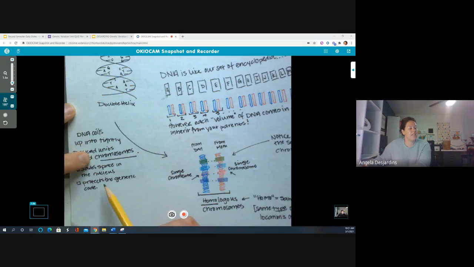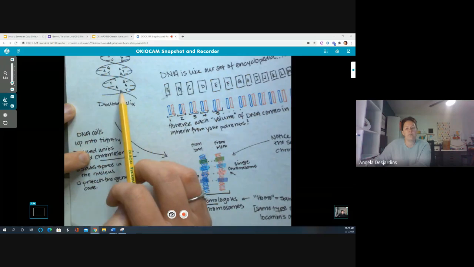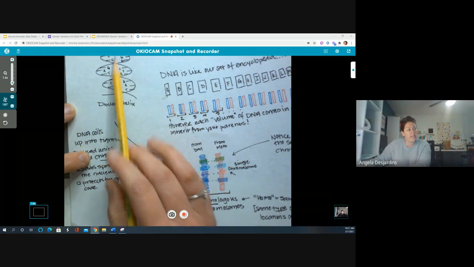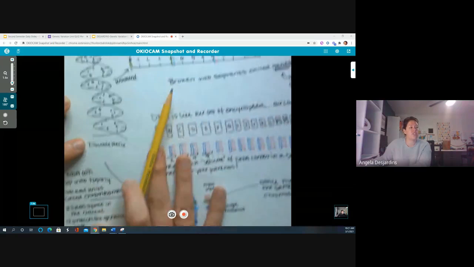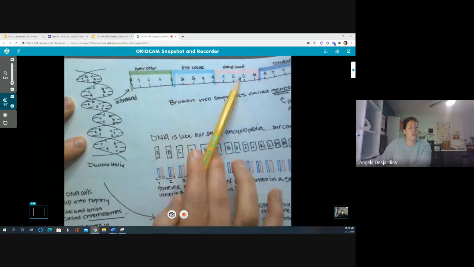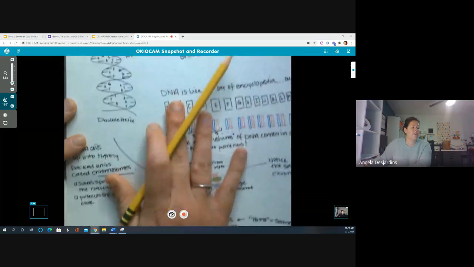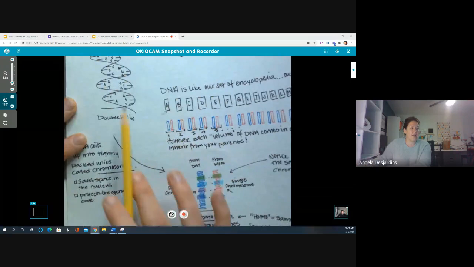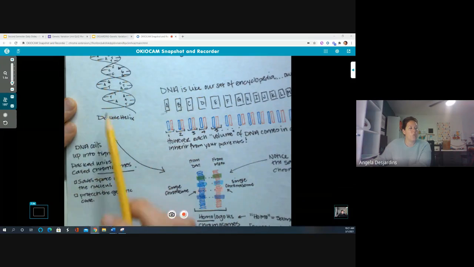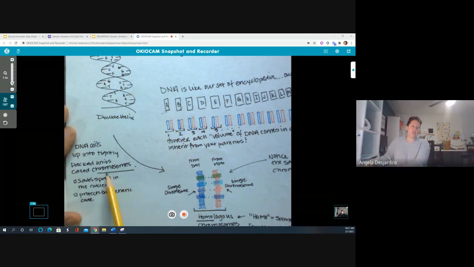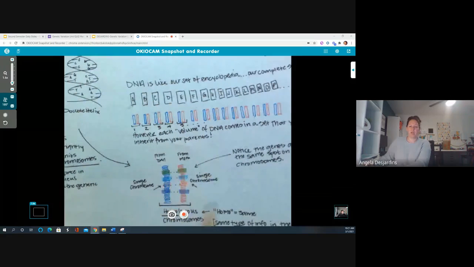The second reason is that this code is really precious and we don't want to damage it, because if we damage it, then that damages our instructions. So it creates a protective layer that helps protect our instructions. When the DNA coils and compacts and squishes down on itself, you get what we call chromosomes.